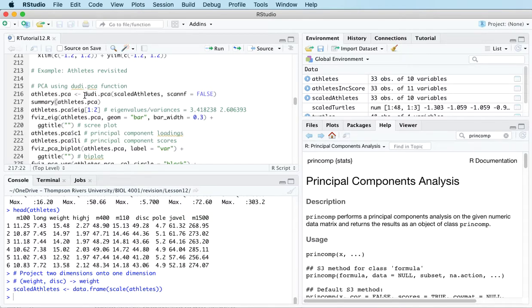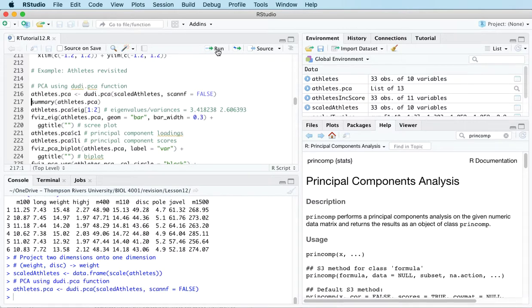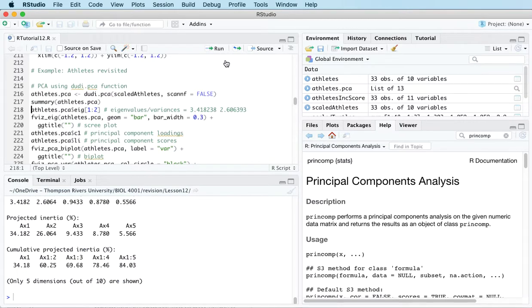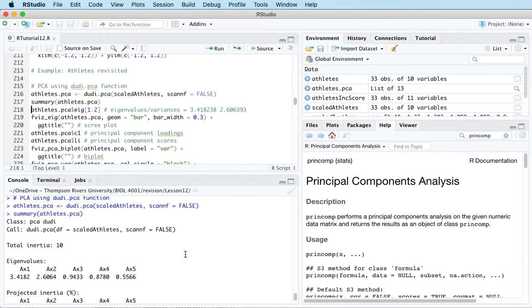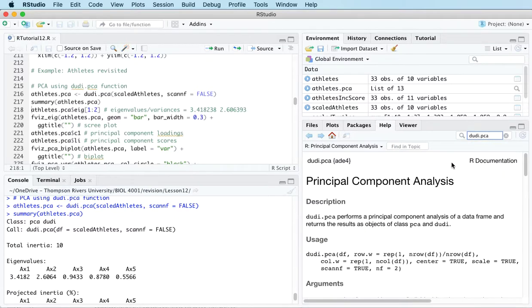For this video I'm going to use the doD.pca function. Let's summarize what we get. We get slightly different output from the princomp function. We can see more details as usual using the help.